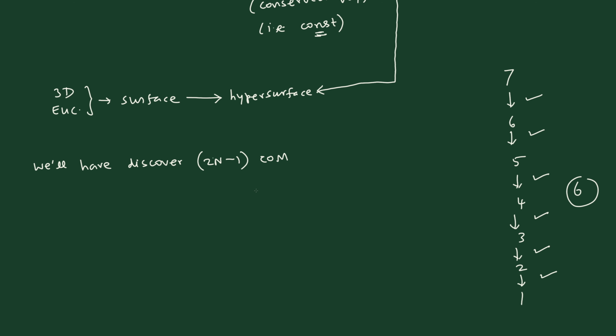If you have 2n dimensions for the case of the phase space, 2n minus 1 hypersurfaces are required. Therefore, there will be 2n minus 1 constants of the motion. So we will have to discover 2n minus 1 for a complete solution to the dynamical system.